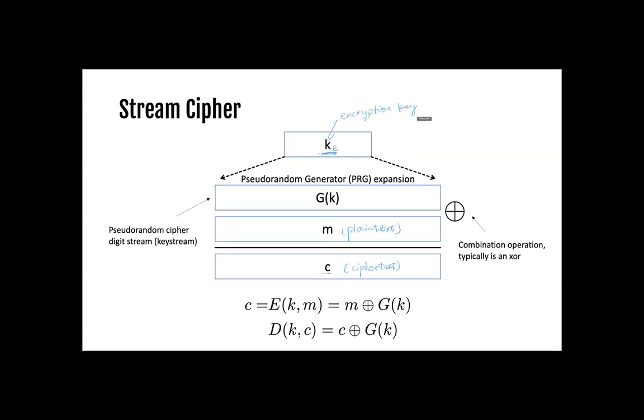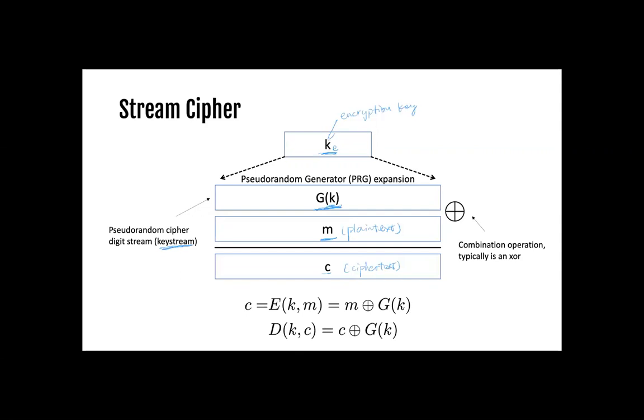The way that works is that the stream cipher will first convert the encryption key to a long key. So it expands it to a very long key, as long as the plain text. Usually this key is called a key string, and it can also be called a pseudo-random cipher digit string.